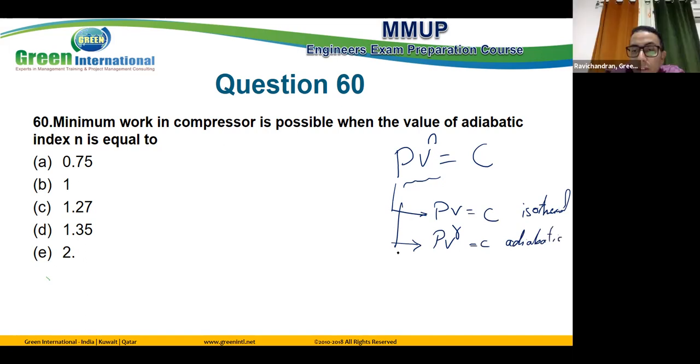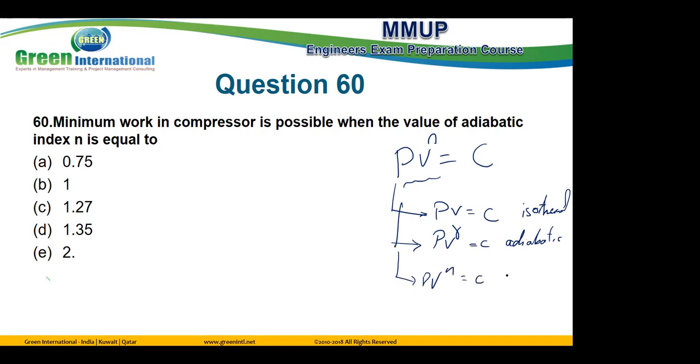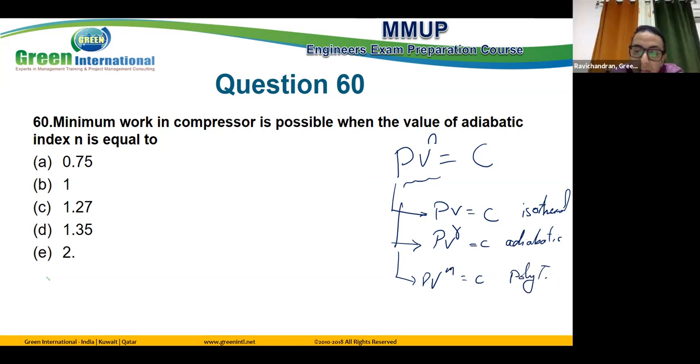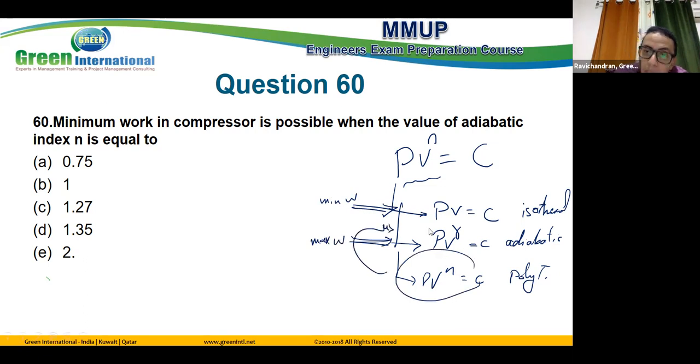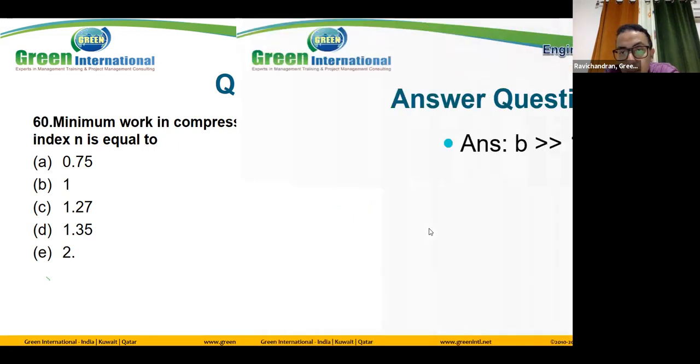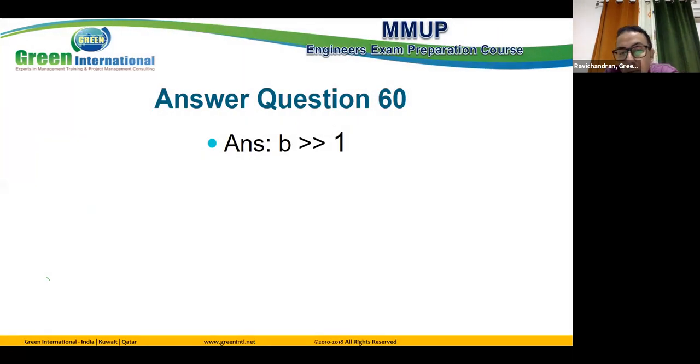And in between, PV to the power n equals constant, is polytropic, the normal one. This is minimum work, this is maximum work, and this is in between. Clear? So minimum is 1, maximum is 1.4.